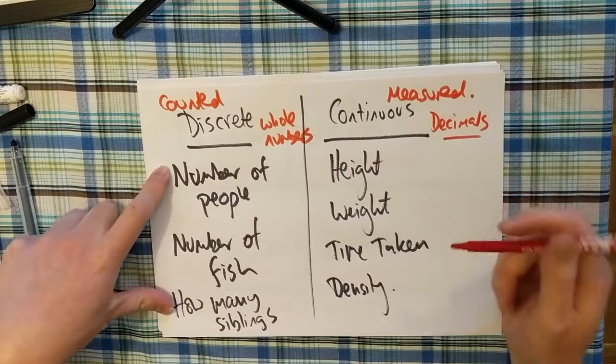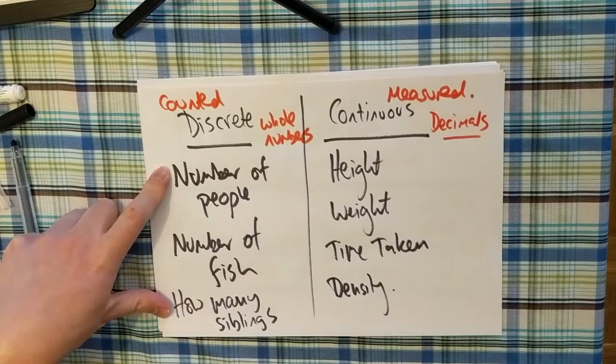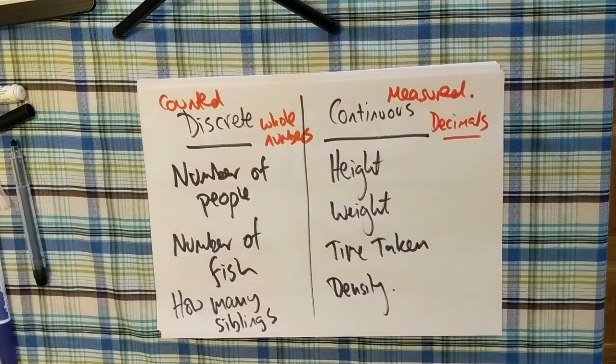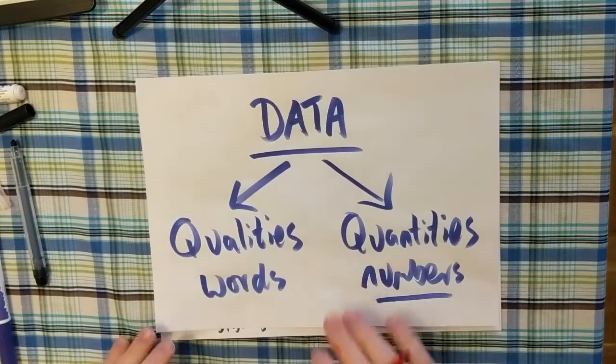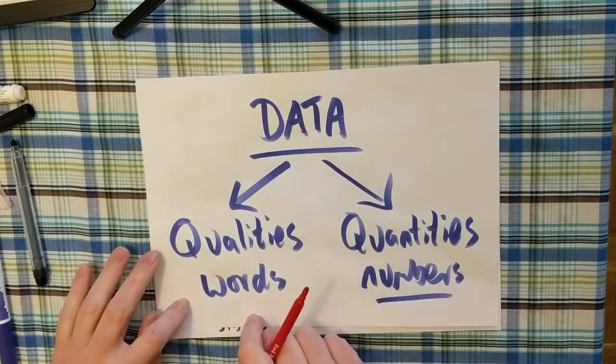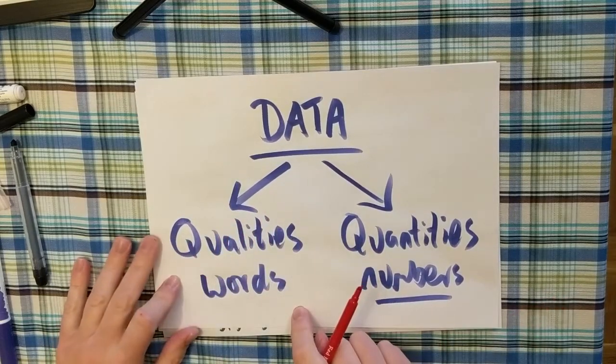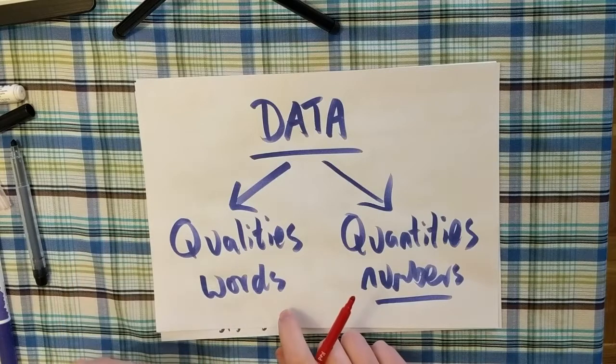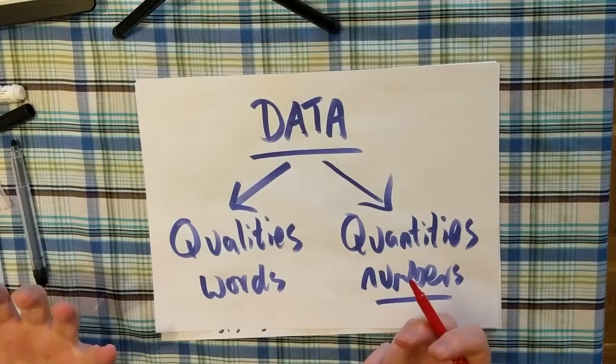With discrete data, the best you can do are simple diagrams, maybe bar charts, pie charts, that sort of thing. Same goes for qualities. If you've got quantities, you can do loads of stuff with it. Qualities less so. You can't really analyze that so well. So it really depends on what data you collect and then what information you can find out.